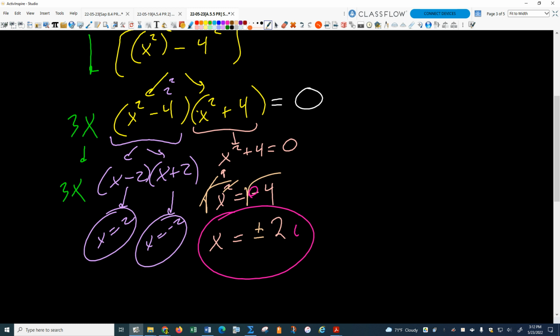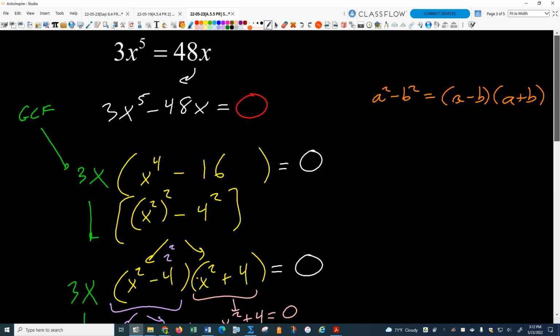And 3x is 0 when x is 0. 3 times what is 0? 0. There you go. Whenever you have a monomial factor like that, some number times the power of x, you're always going to get x equals 0 for the zero of that, right? So how many should we have gotten for this? 5.